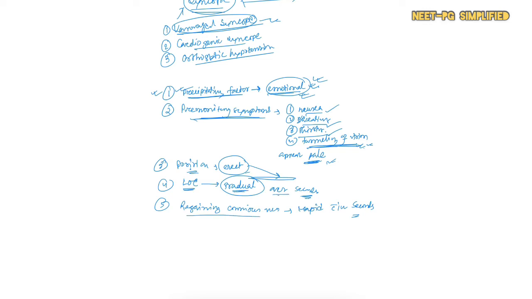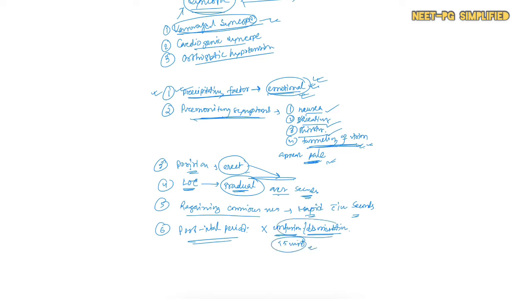Number 6, post-ictal period: no confusion or disorientation. If confusion or disorientation is present, it is usually less than 5 minutes. But in most cases, post-ictal confusion or disorientation is absent.